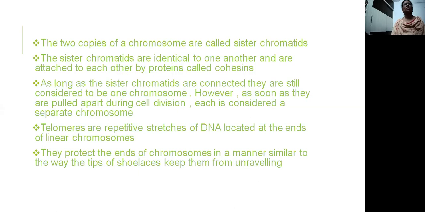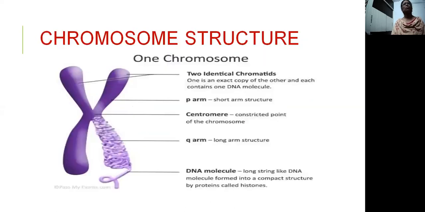So they are the end parts of the chromosomes, the linear structure, which are rod-shaped chromosomes. At the tip region, the region of tip is called telomere. This telomere protects the ends of chromosomes in a manner similar to the way the tips of shoelaces keep them from unraveling.